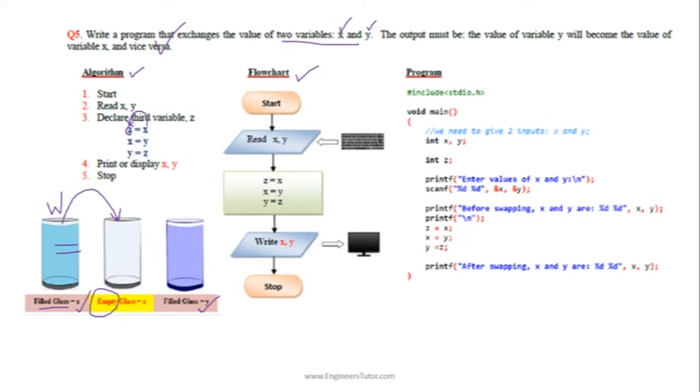To this glass we fill this water, and finally we put y is equal to z, meaning the value of z we put into y. In this way we can exchange the values of two variables. Also we can do swapping without using a third variable, which I explained in my other video.